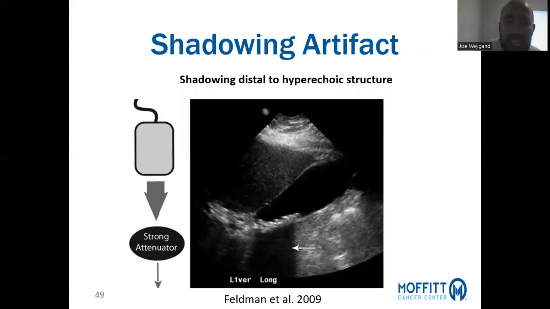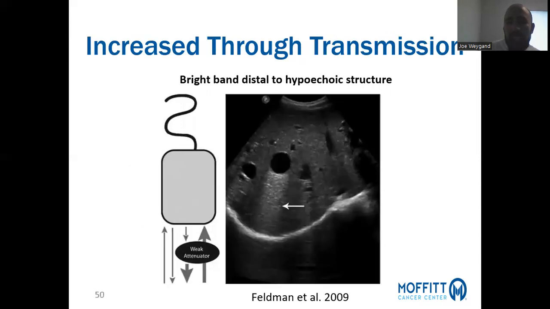This can be seen here as a shadowing artifact distal to a hyperechoic structure. You can see that in the image. Analogously, but contrastingly, you have this bright banding artifact distal to a hypoechoic structure.